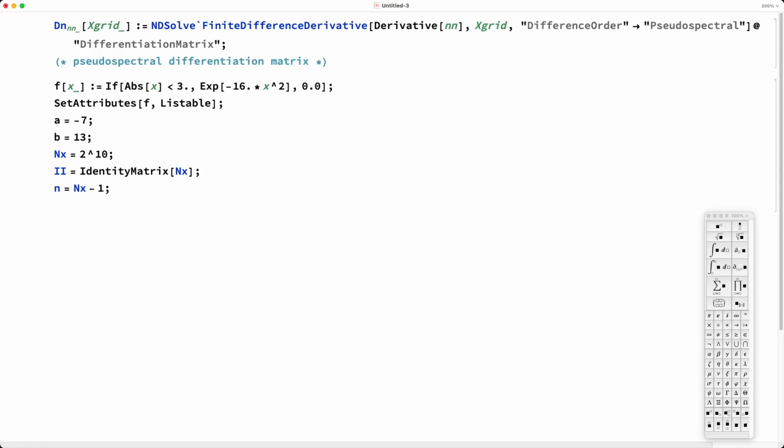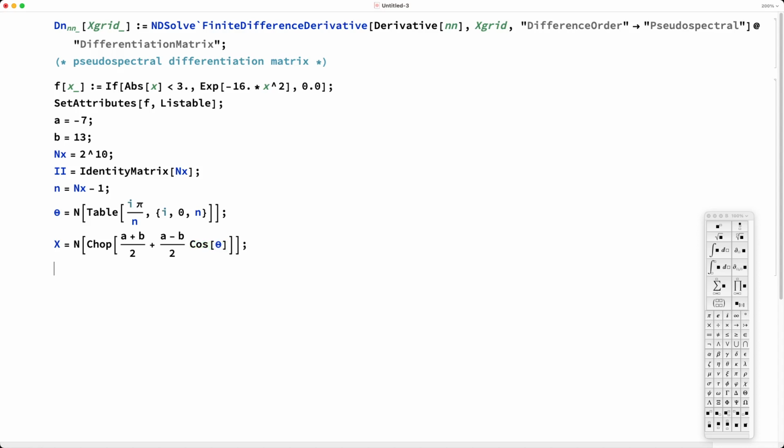Okay, and now, as we've shown before, for pseudospectral methods with Chebyshev nodes, we can define these angles that are equidistant, and then the grid points are given simply by this mapping from a to b of the cosine theta, where theta are these equidistant angles.